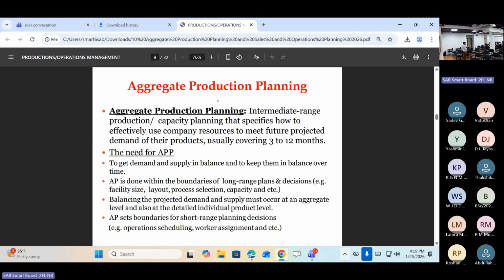Considering a manufacturing firm of your choice, describe 4 reasons that explain why production planning is important. So why production planning is required.